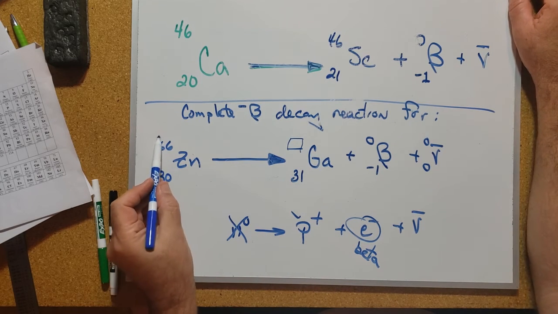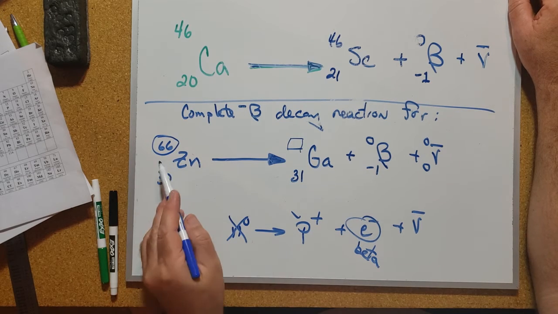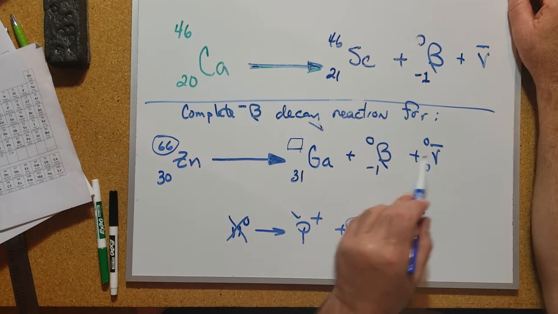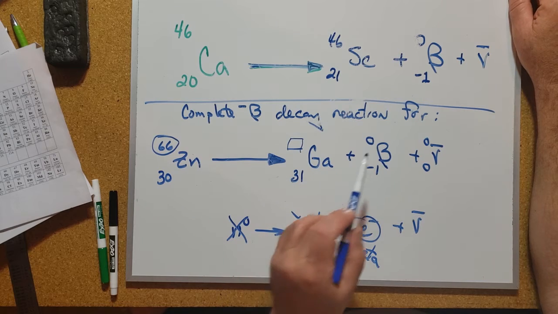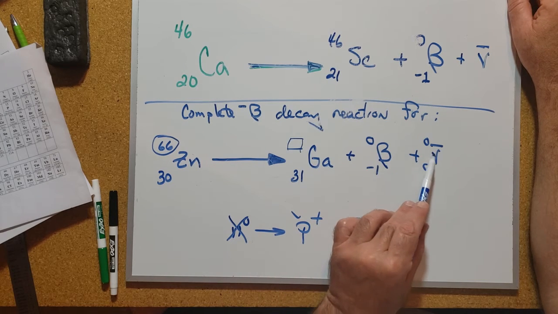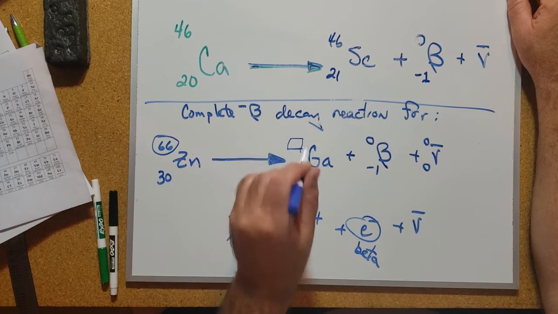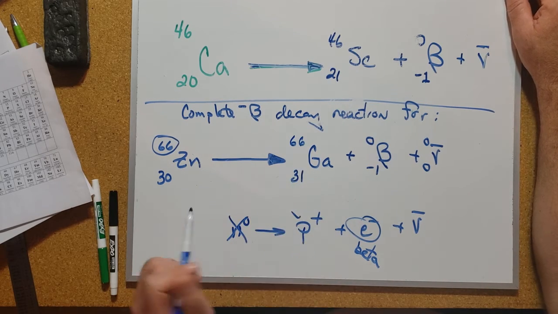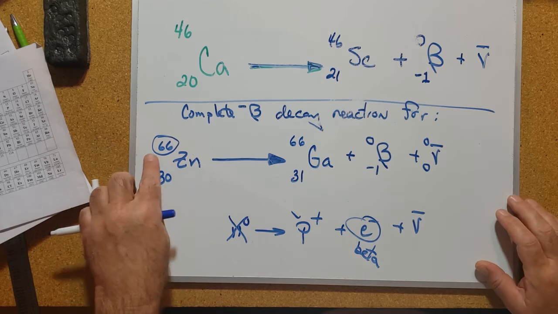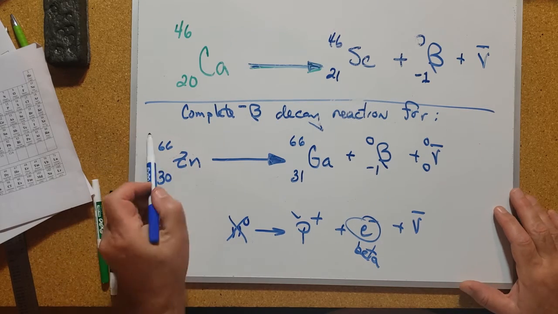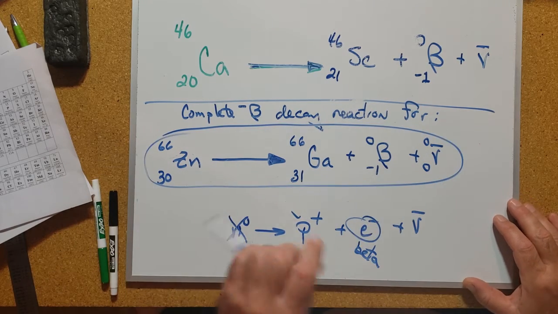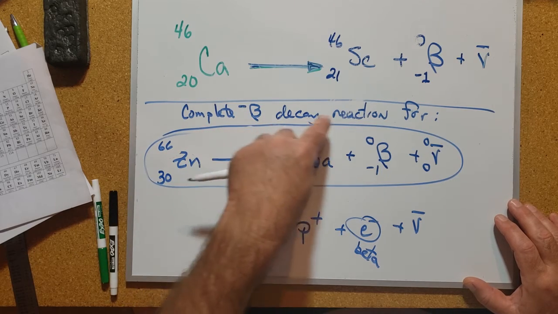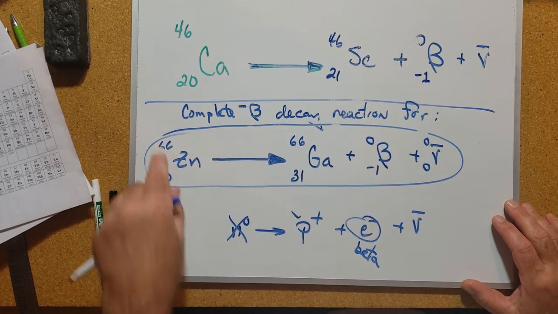Well, the total mass number on the left side of the equation is 66, so the total mass number on this side is 66. The beta contains no mass, the antineutrino contains no mass, so all of it's got to be here on the gallium, so that's going to be gallium 66. So there we go. That is the complete beta negative decay reaction for zinc 66.